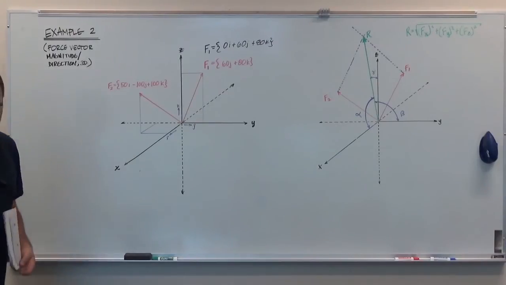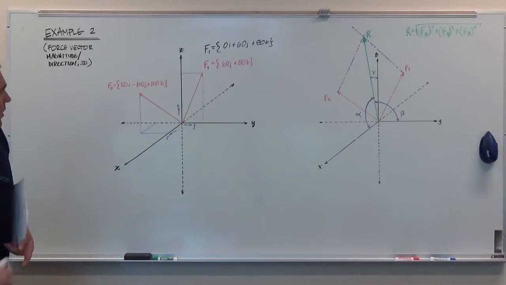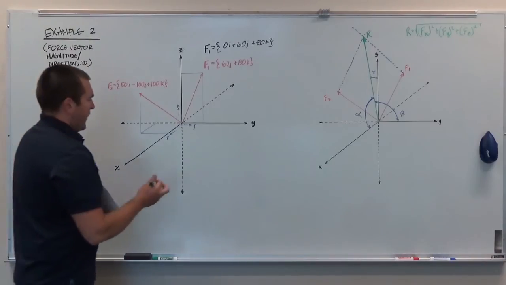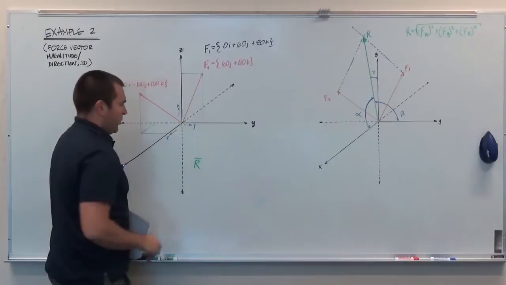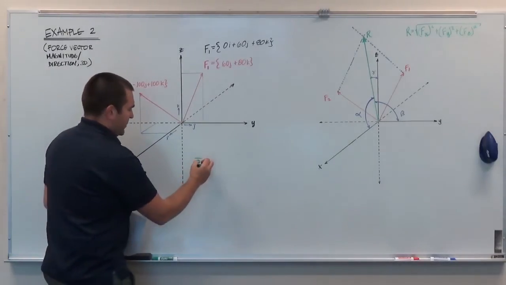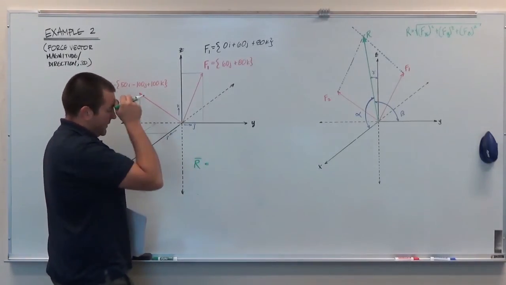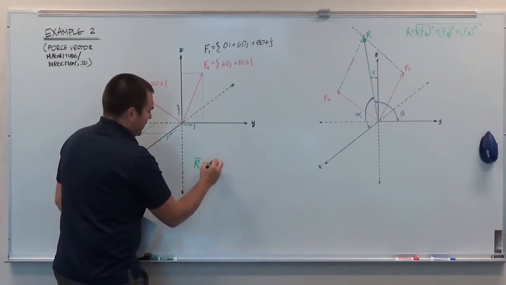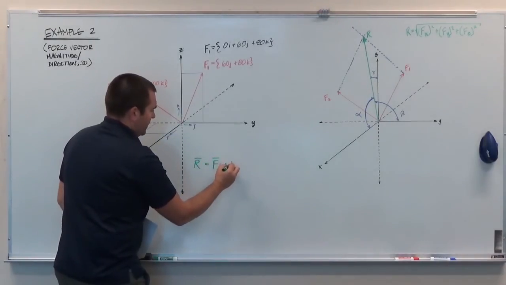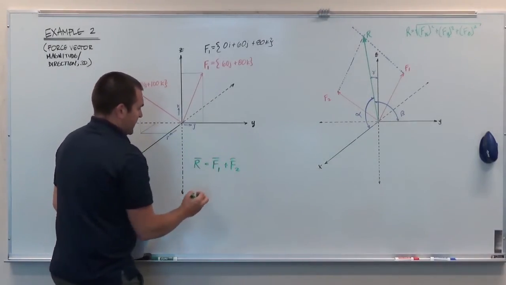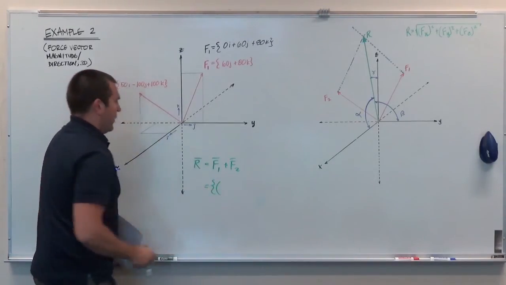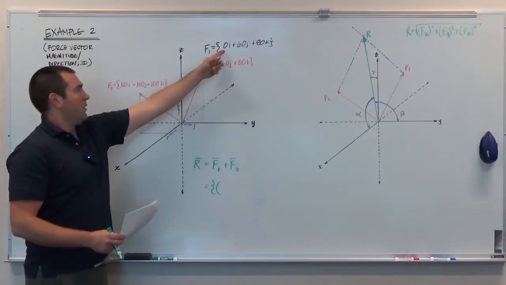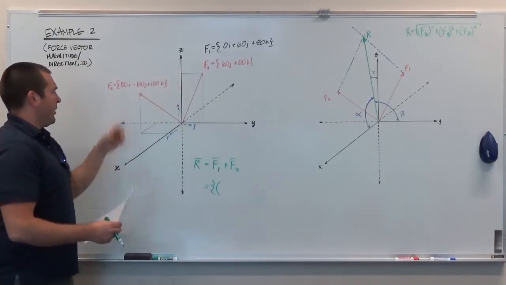So here, if we want to calculate the vector form of that resultant, r, and I'll put a line on top to recognize we're talking about vectors, not scalars, r is equal to f1 plus f2. So that's going to be the coefficients of i, which is 0 and positive 50.